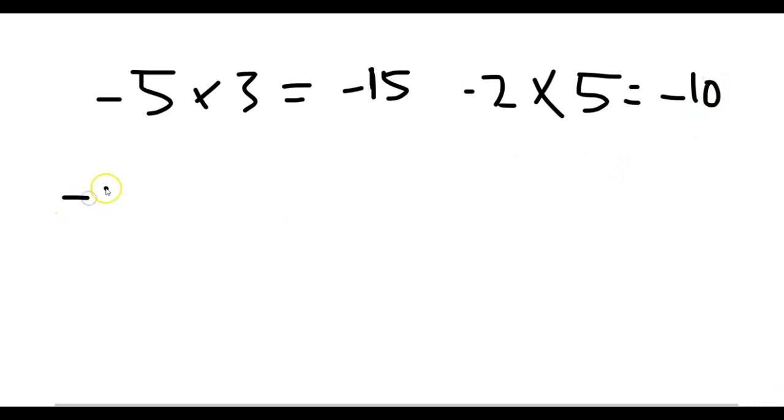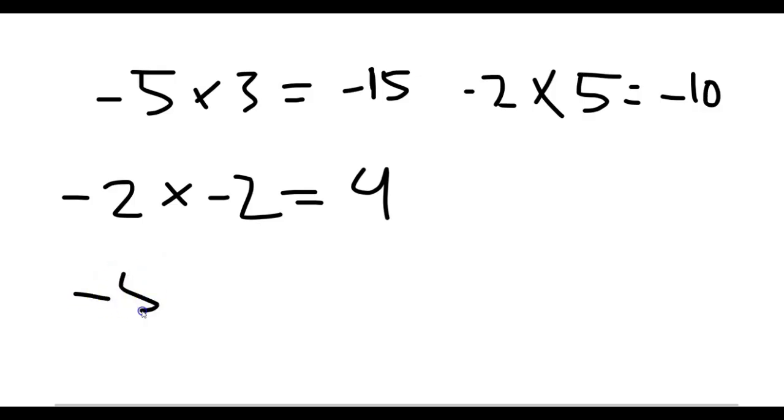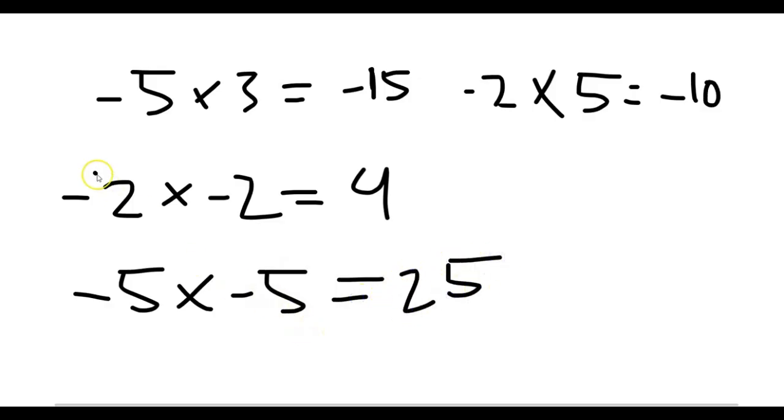But if it's -2 times -2, it's just 4. Or -5 times -5, it's just 25. So negative times negative comes out positive. Negative times positive comes out negative.